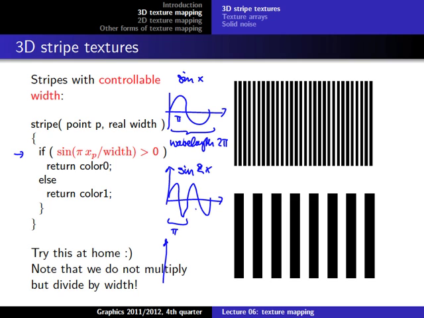And if you look at the sine of x divided by 2, then you get, of course, twice the wavelength.